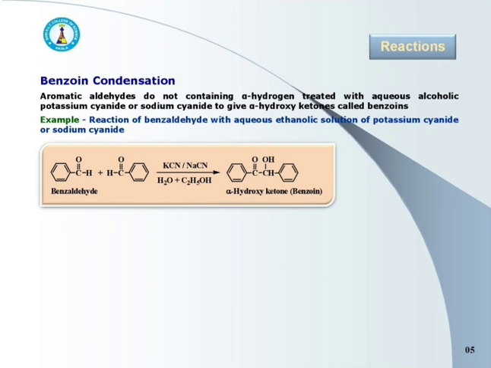Next one is benzoin condensation. Aromatic aldehydes not containing alpha hydrogen, on treatment with aqueous alcoholic potassium cyanide or sodium cyanide, undergo condensation to give alpha hydroxy ketones.